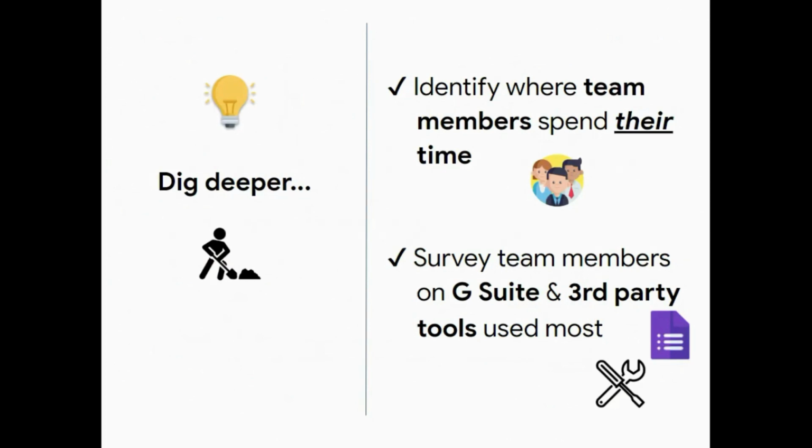If you delve in and find out where your team members are spending their time, usually you can find some areas to automate very quickly. I encourage my clients to simply set up a survey using Google Forms and survey your team members on where they're spending their time, along with the G Suite tools that they're using and their third-party tools that they're using most frequently.